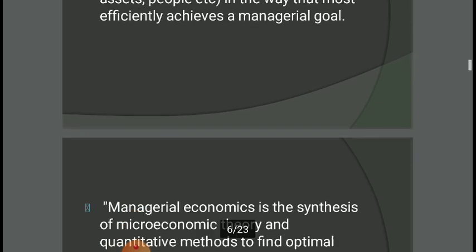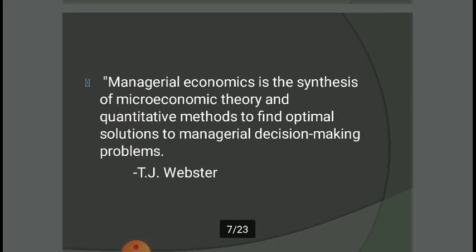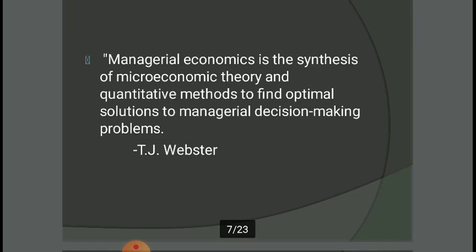Now let us see the second definition of managerial economics. Managerial economics is the synthesis of microeconomic theory and quantitative methods to find optimal solutions to managerial decision-making problems. This definition is given by T.J. Webster.